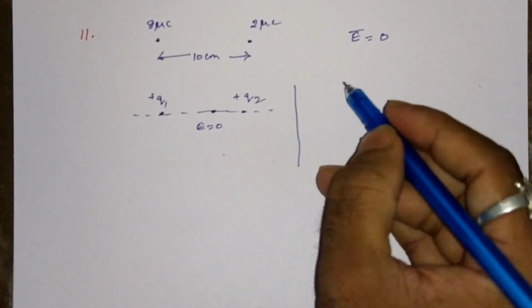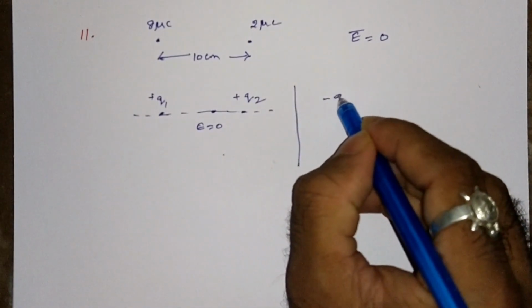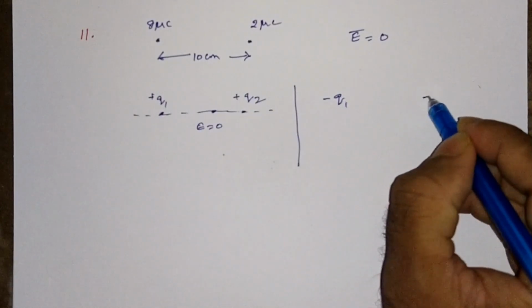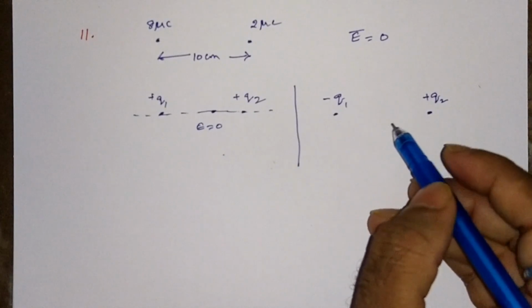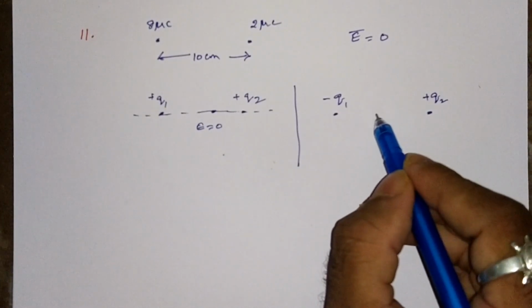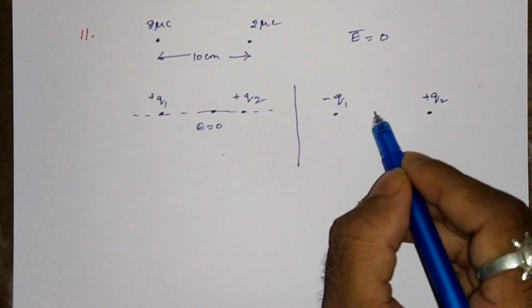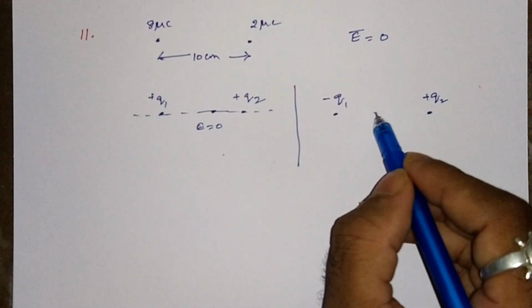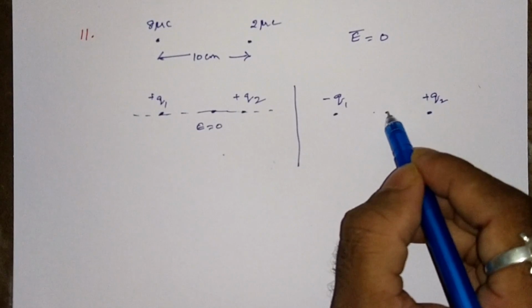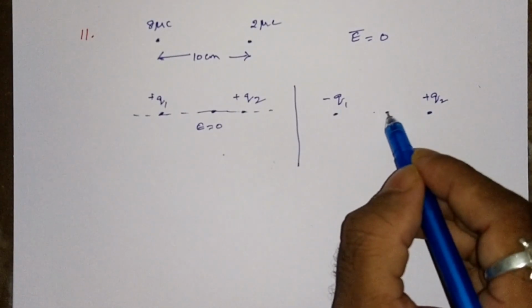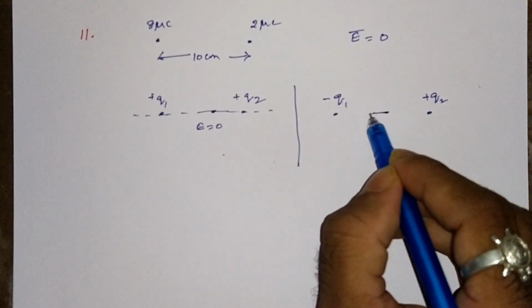Okay, what if they are unlike charges? Let us take, for example, this is minus q1 and this is plus q2. At any point in between, the intensity of electric field will not be 0. Why? Suppose you assume a point here, due to q1, what will be the direction of E?